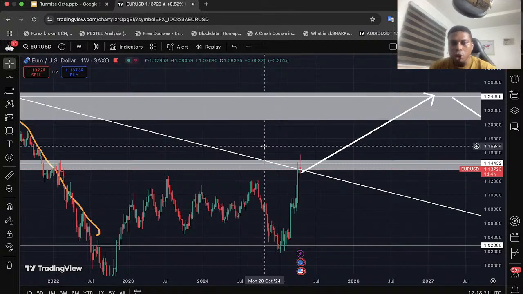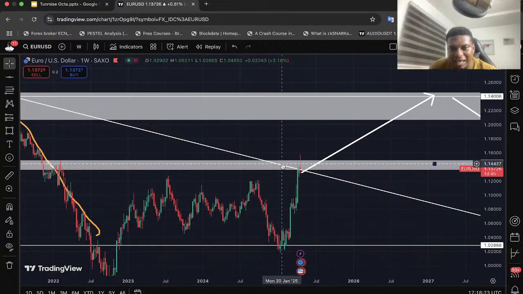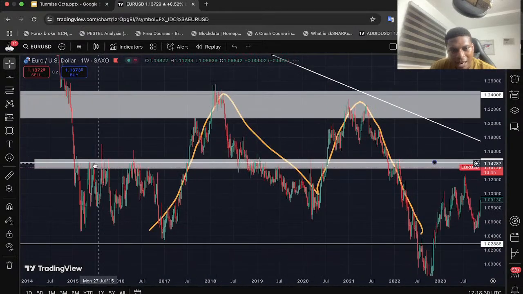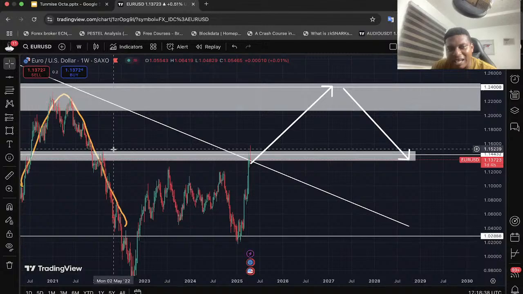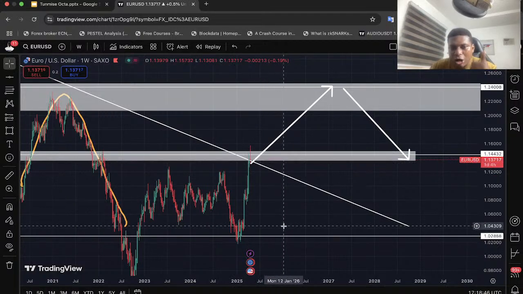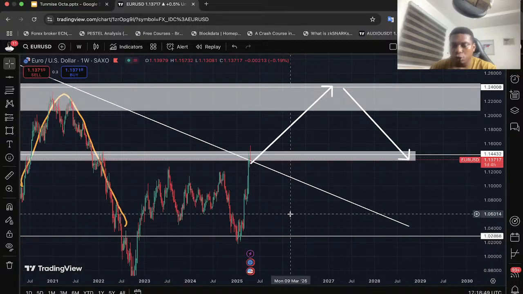On this time frame we can see that it is a major resistance zone, and because there has been price footprint at that level in the past, we can see the price footprints here. Because there has been price footprint at this level, it becomes a significant level to watch.